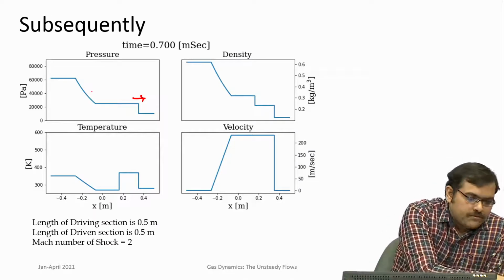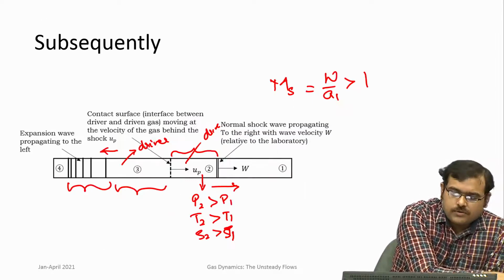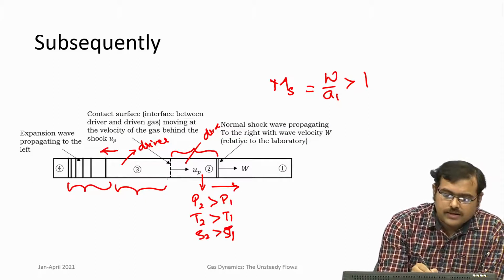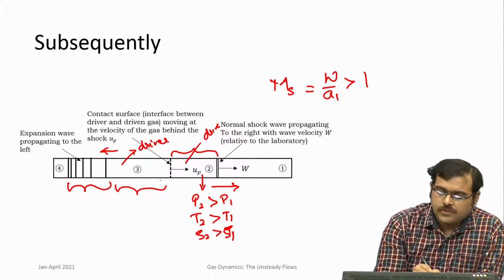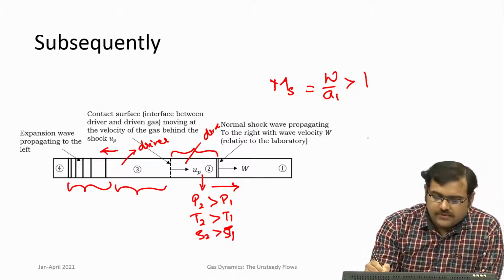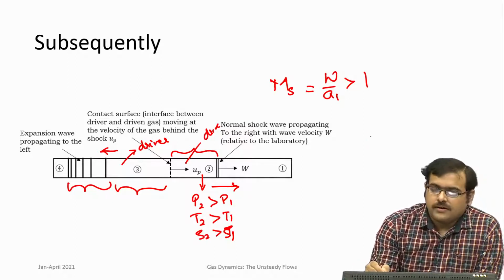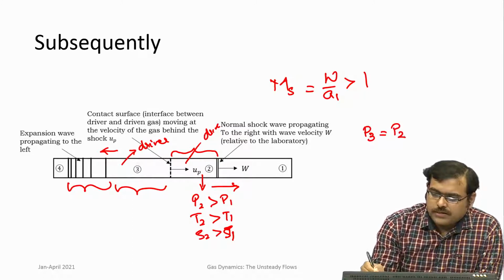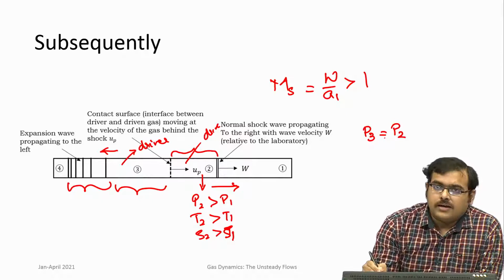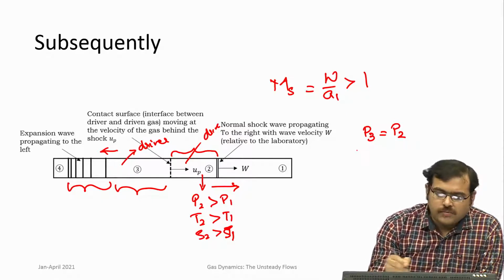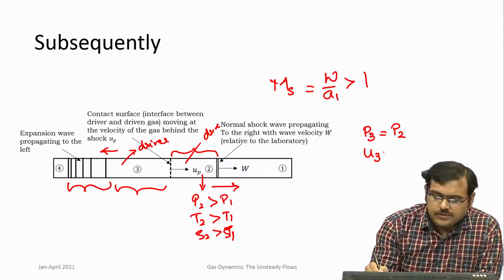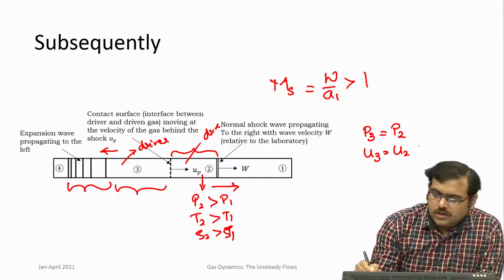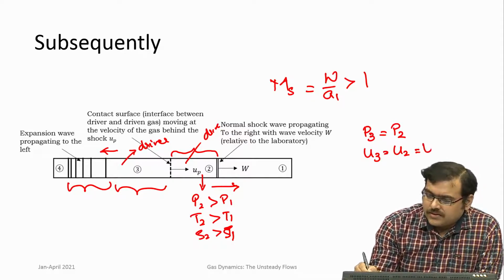So, if you go back to the picture that is over here, the contact surface is not a solid surface. So, across the contact surface pressure remains constant. So, P3 is actually equal to P2, and in the same way the velocity of the gas also is a constant, U3 is equal to U2, which in this case is also written as UP.